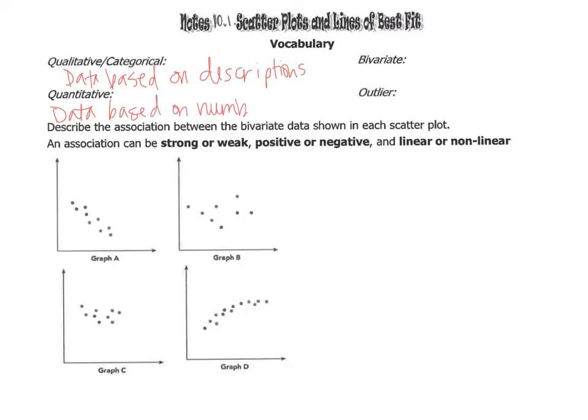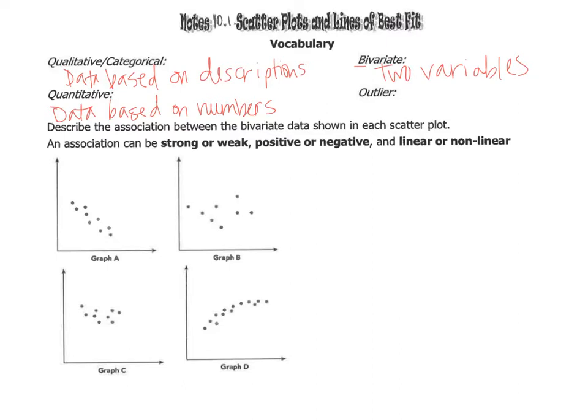So bivariate data, this is one that's really kind of confusing, but if you look at the word bi, that means two, so two variables. So let's say that you are going to see if there's a correlation between height and shoe size or height and weight.